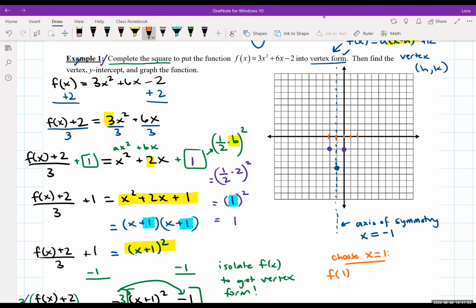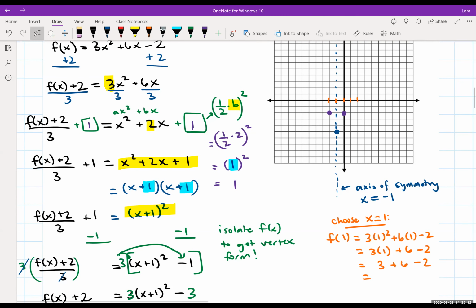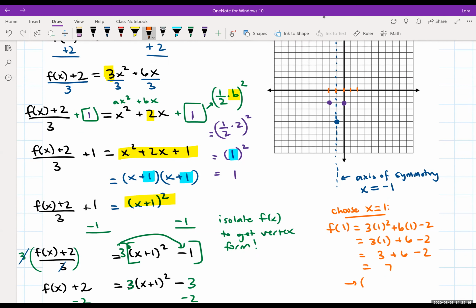So f of 1 will be 3 times 1 squared plus 6 times 1 minus 2. Take a little time. 1 squared is 1, so we still have 3 times 1. 6 times 1 is 6, minus 2. So 3 plus 6 minus 2. 9 minus 2 gives us 7. So here we go, another ordered pair, (1, 7).